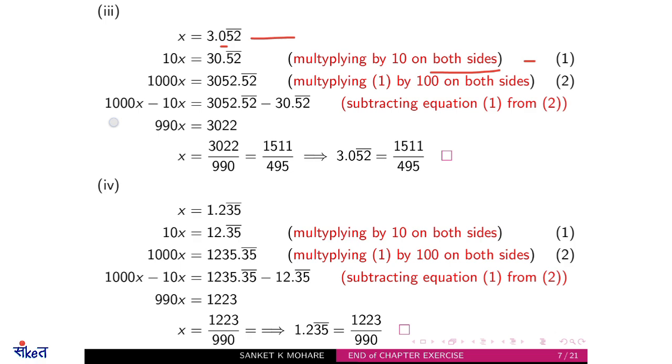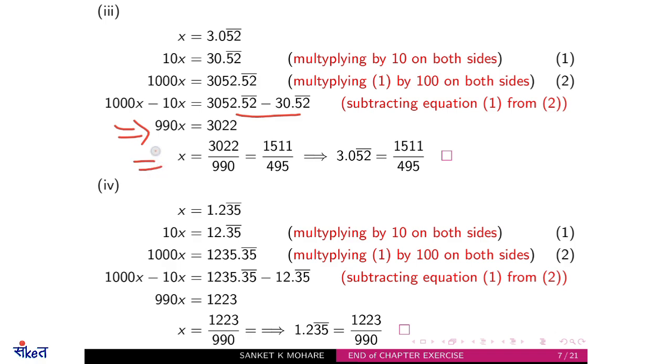Now subtracting equation 1 from equation 2, we obtain 1000x minus 10x equal to 3052.52 minus 30.52. If we subtract this, it implies 990x equal to 3022.